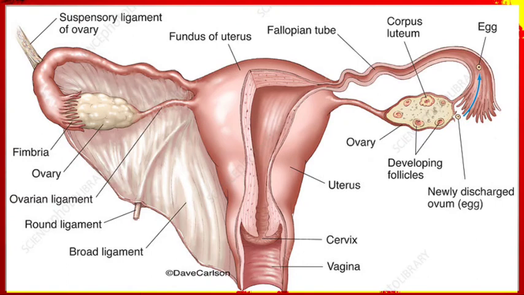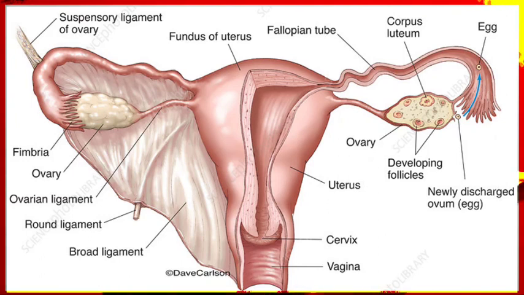From the age of puberty up to menopause, the pubertal stage starts from 10 to 17 years and the age of menopause is about 45 to 50 years. An ovum is released every month, alternately by the two ovaries.